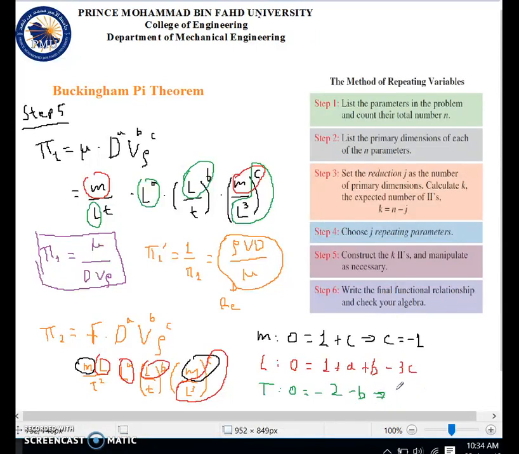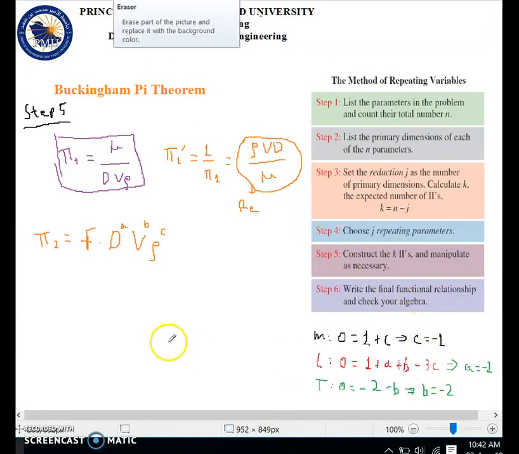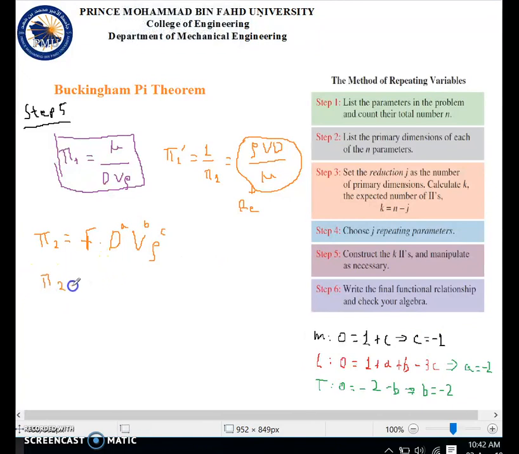So from here, b equals minus 2, and then replacing here, we have that a is minus 2. Substituting the values of a, b, and c in the definition of pi2, we'll have pi2 equals force, d to the minus 2, so I'll put on the denominator d square, v to the power of b, b is minus 2, so velocity square, and density to the minus 1.